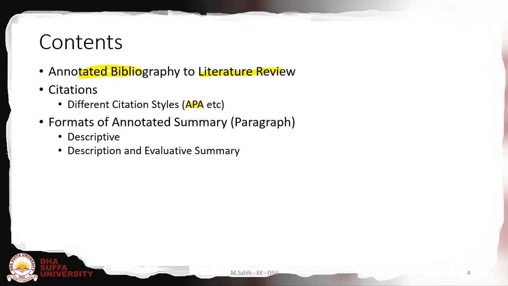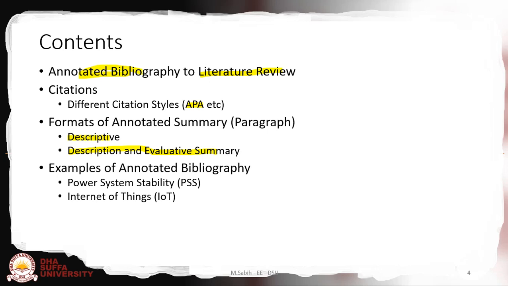There are mainly two different formats we will explore: descriptive, and descriptive plus evaluative summary paragraphs. There are some interesting examples for you, like an annotated bibliography for power system stability, and another annotated bibliography for the IoT. Some key references will help you when you are writing your annotated bibliography, and a homework.